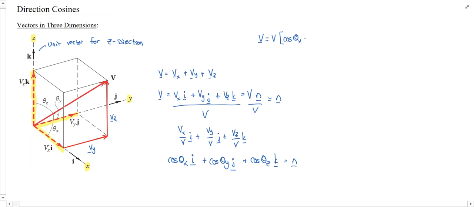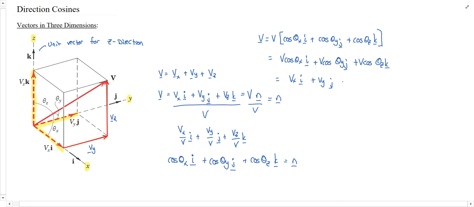Well, that's cosine theta x i plus cosine theta y j plus cosine theta z k. But that's really v times the cosine of theta x i plus v times the cosine of theta y j plus v times the cosine of theta z k. But that's really just vx i plus vy j plus vz k.